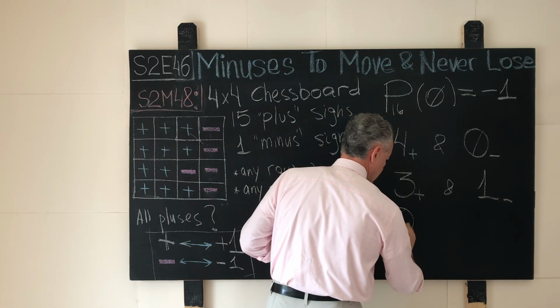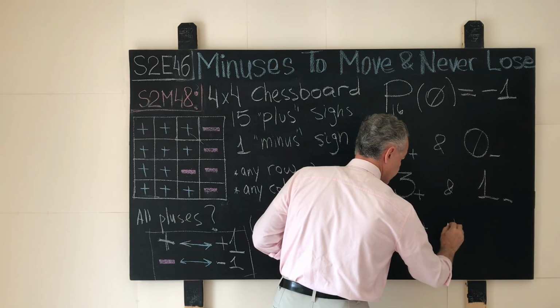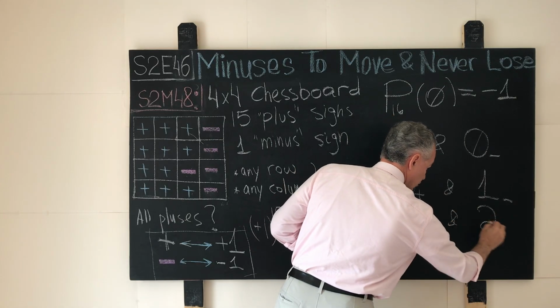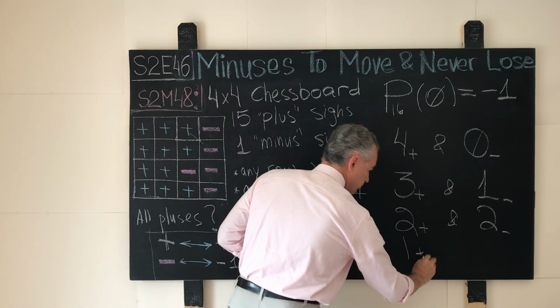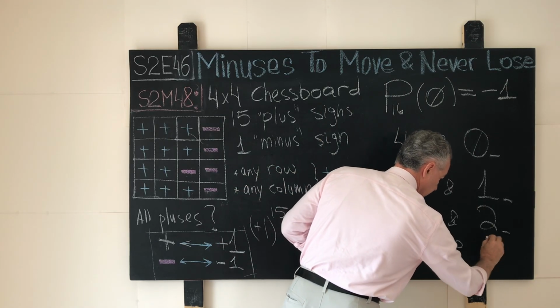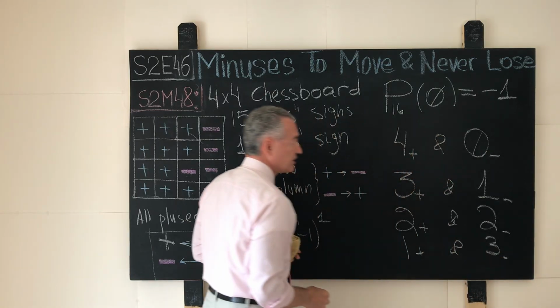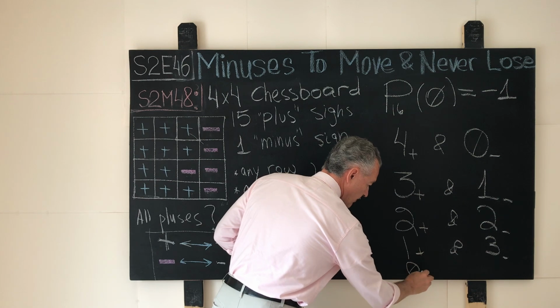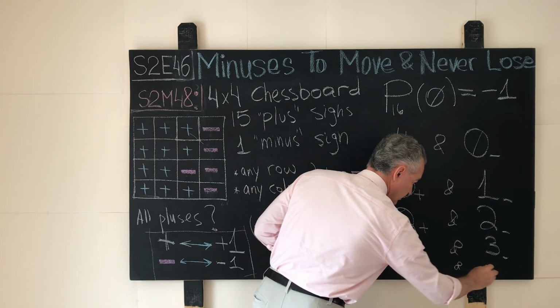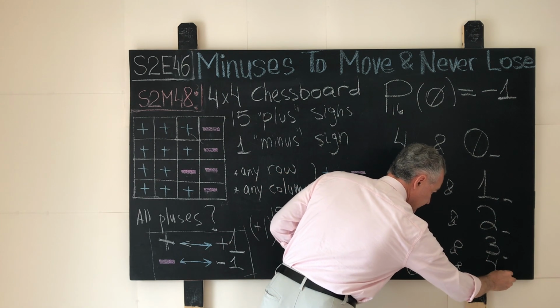We can have 2 plus signs and 2 minus signs. We can have 1 plus sign and 3 minus signs. And what else can we have? We can have 0 plus signs and 4 minus signs.